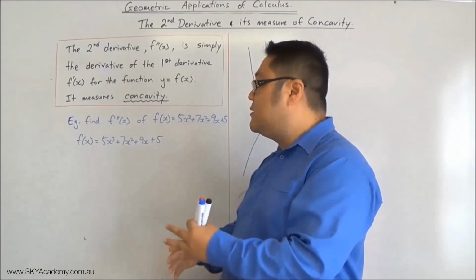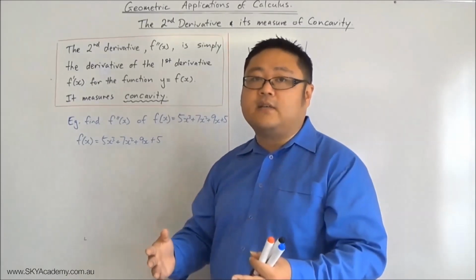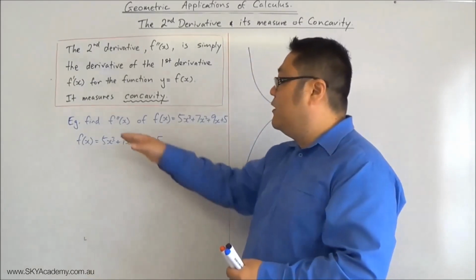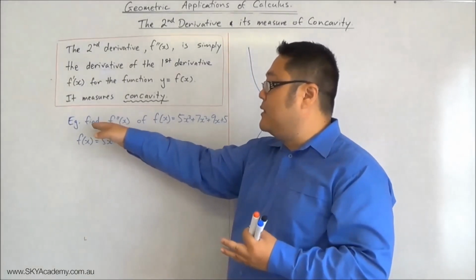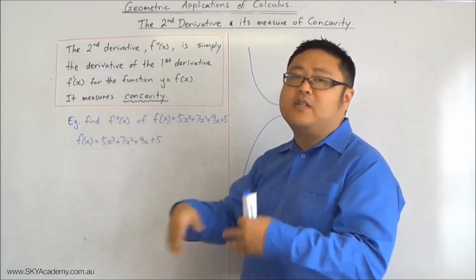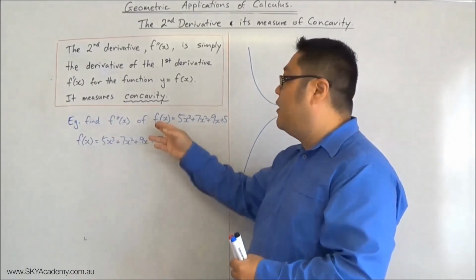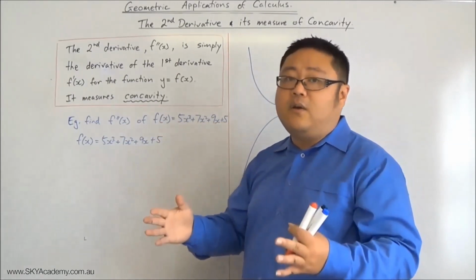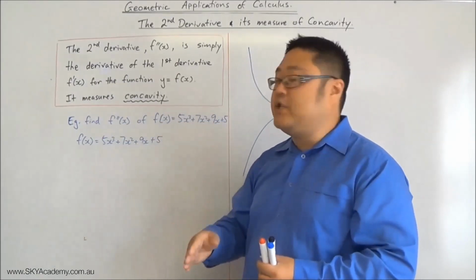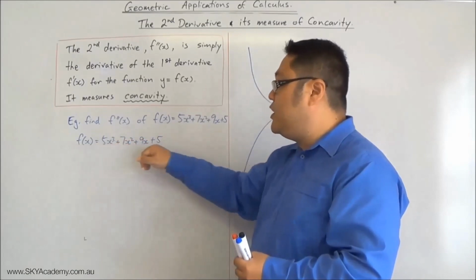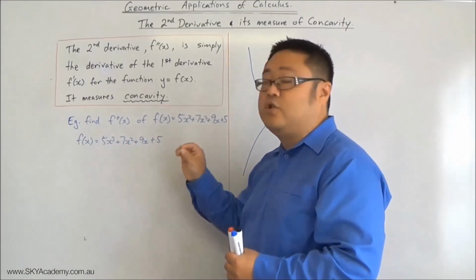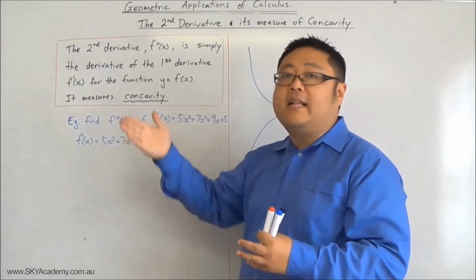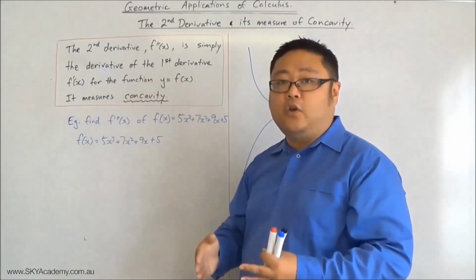So let's familiarize ourselves with how to find the second derivative. In this particular example it says find f double dash of x, which is another way of writing the second derivative of f of x, and the f of x looks something like this. We know from basic differentiation that when you're differentiating a polynomial, for each term you multiply the coefficient by the power and take 1 off the power to get a new power.